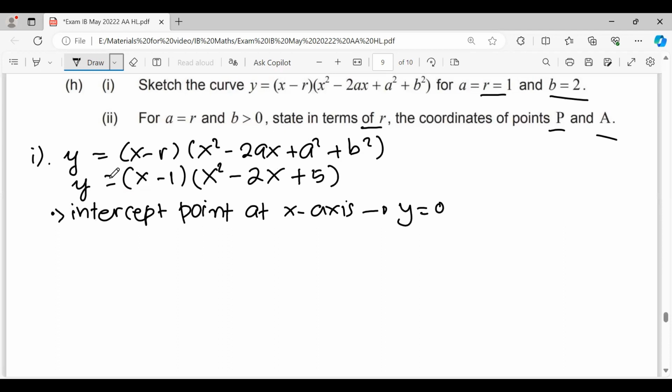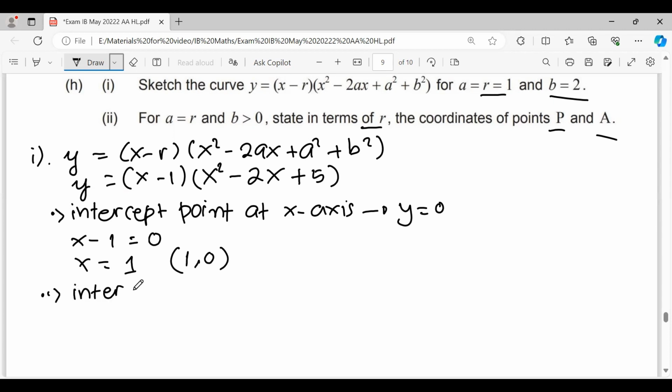There are two possibilities, but we are going to find this one, x minus 1 equals 0. So x equals 1, so the coordinate point is (1, 0).